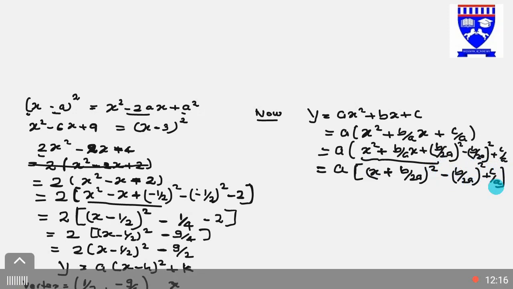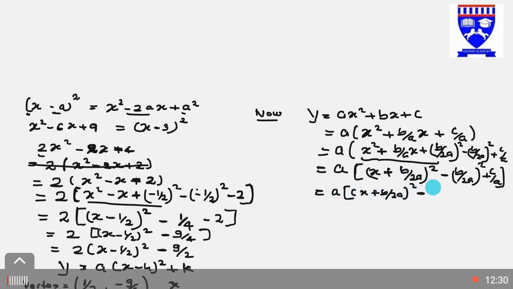So now what I am going to do, I will rewrite x plus b over 2a squared, minus.